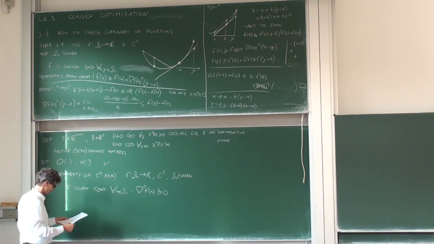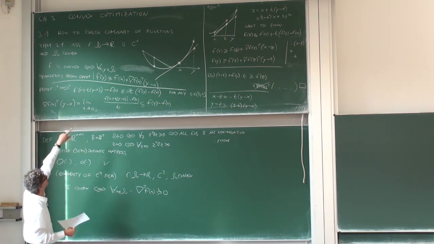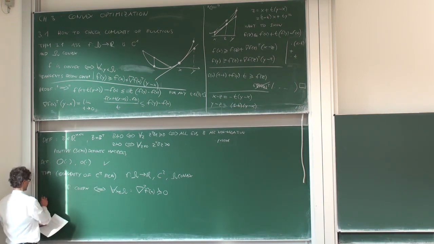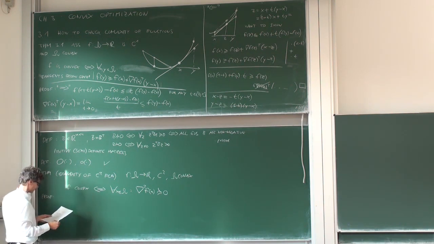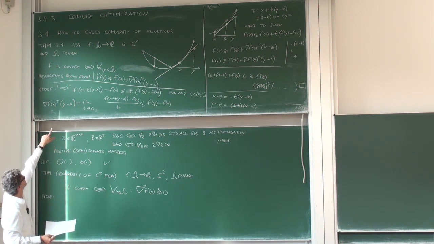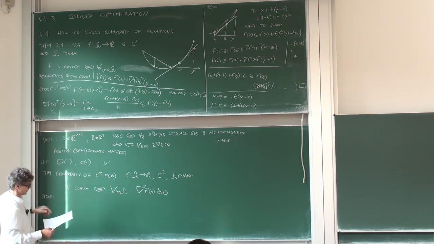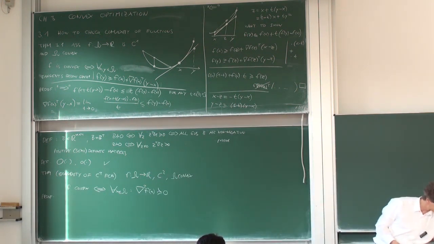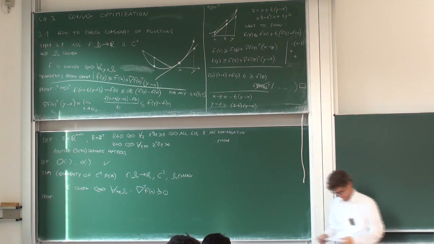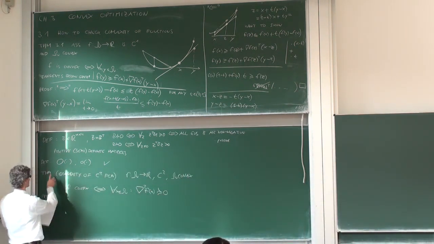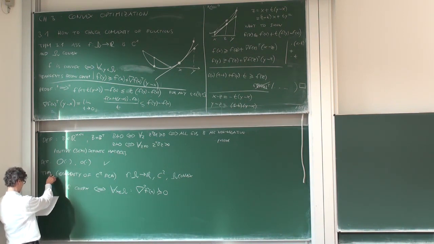And what we want to use is the theorem above, because that will help us here. Let me just go through it in both directions. First of all, C2 means it's C1 also, so we can apply that theorem above, 3.1. This theorem gets the name 3.2.